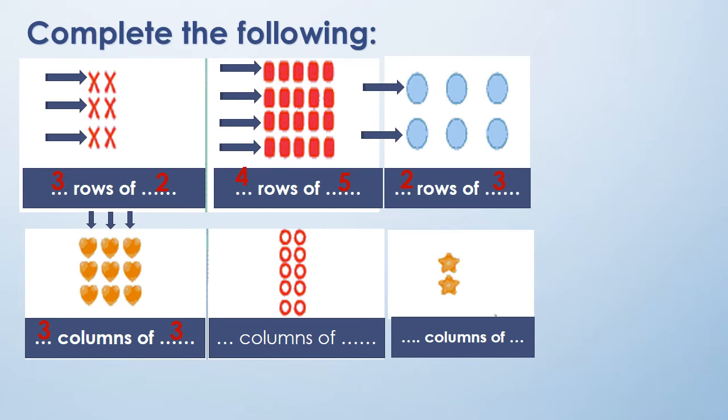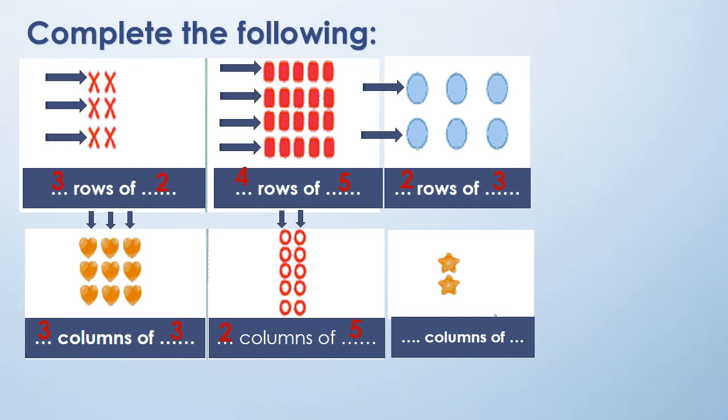The next, let's count how many columns. 1, 2. Each column has 5 objects. Then this array can be written as 2 columns of 5.